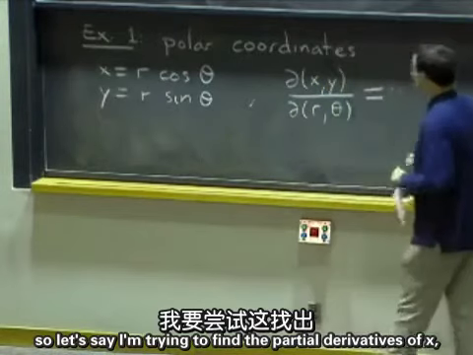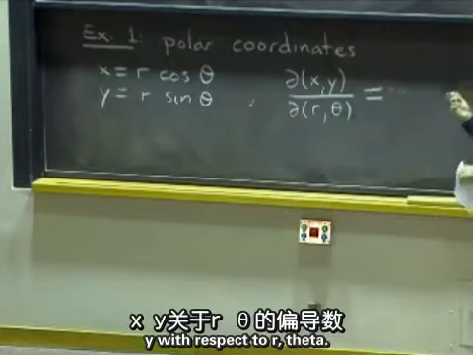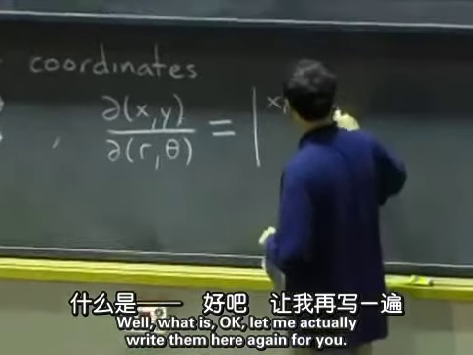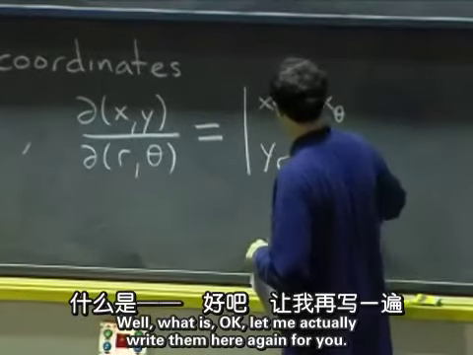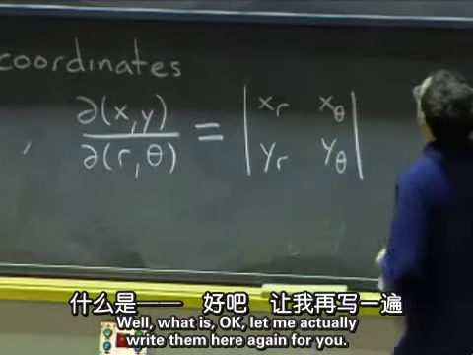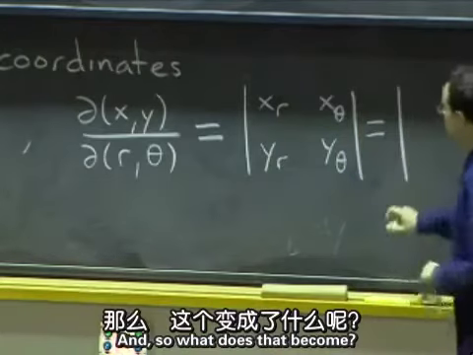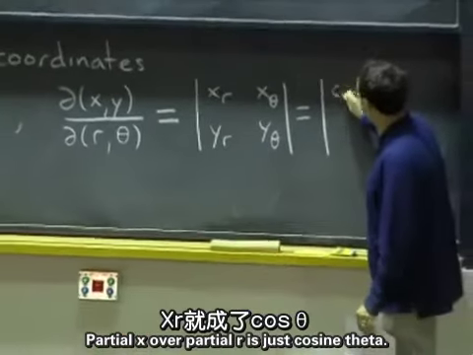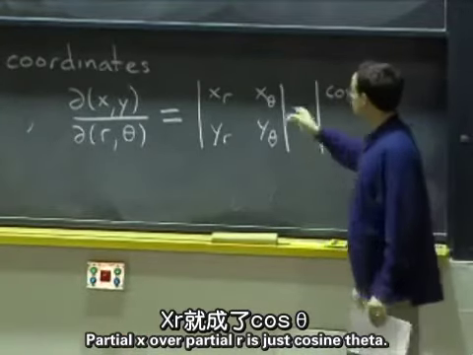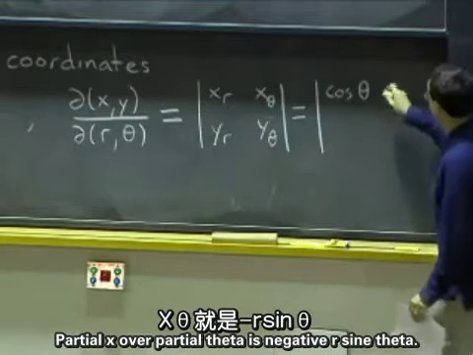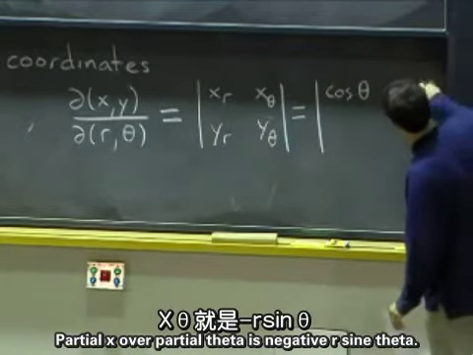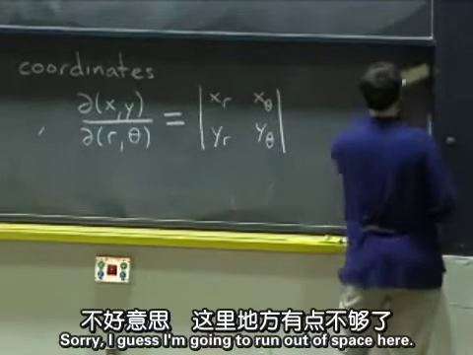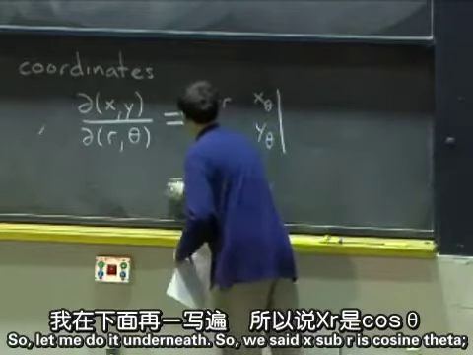So let's say I'm trying to find the partial derivatives of x, y with respect to r, theta. Let me write them here again, just for you. Partial x over partial r is just cosine theta. Partial x over partial theta is negative r sine theta. Sorry, I'm going to run out of space here, so let me do it underneath.